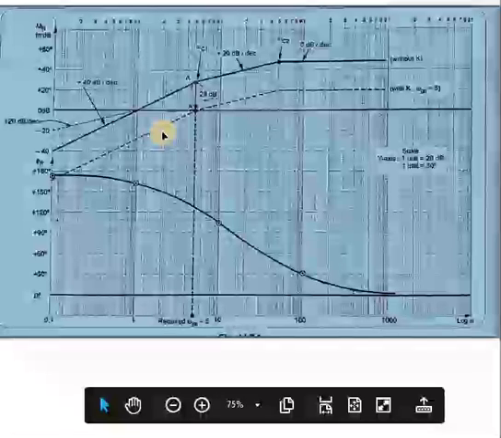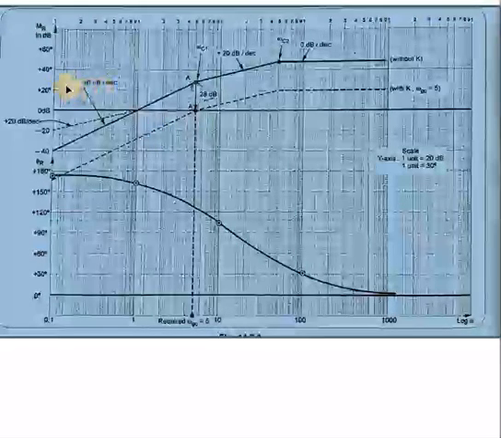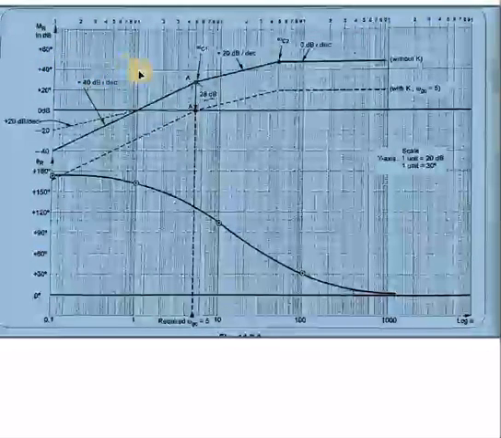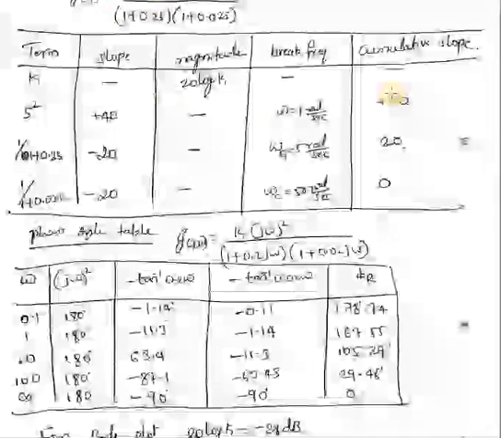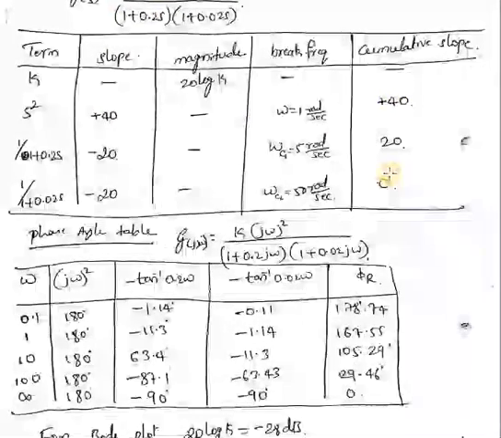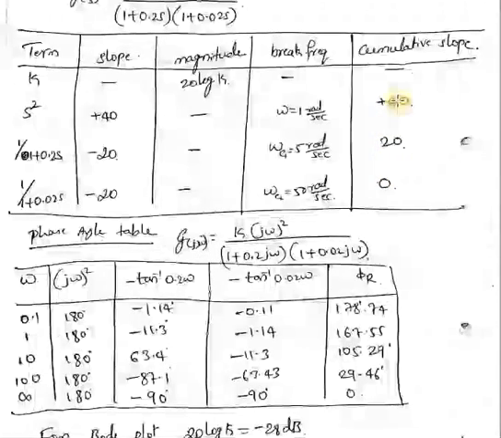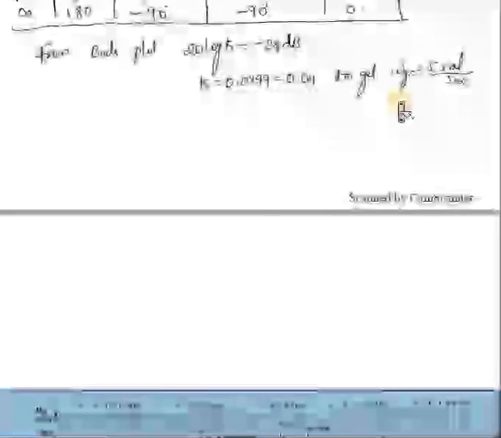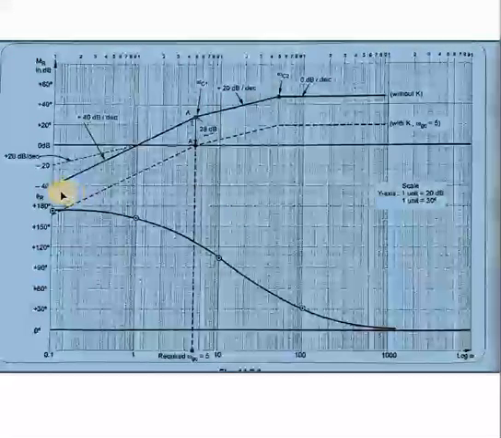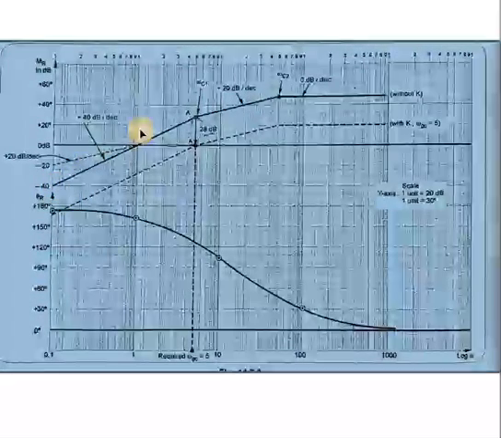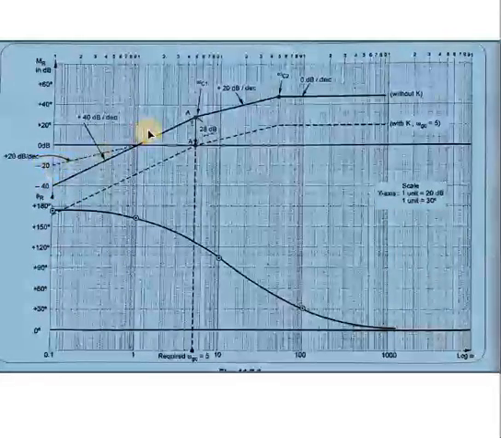In previous problems we used to mark the slope from this side, but here all the cumulative slopes are positive. That means they should start from 40 and end at 0. So here this is 40, this is 20.